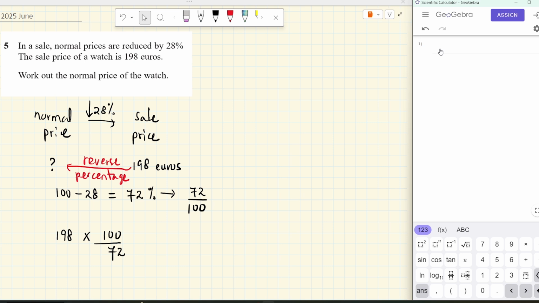Let's put this into the calculator. 198 times 100 over 72. So it is 275.